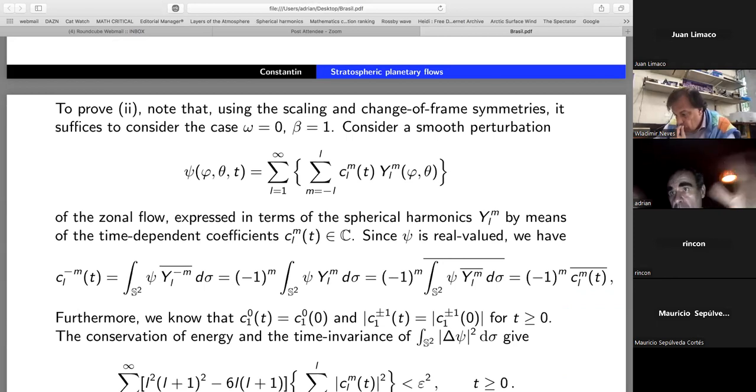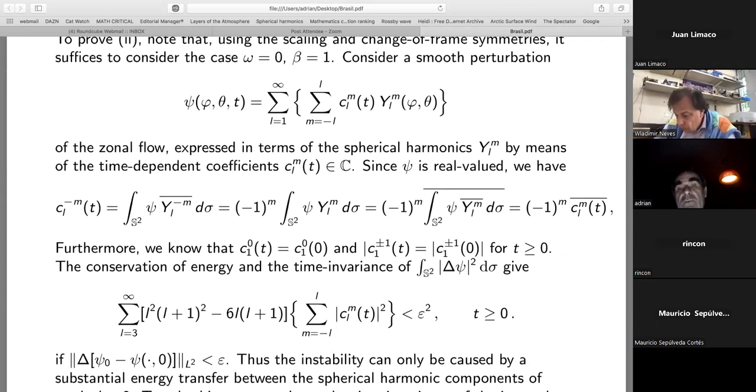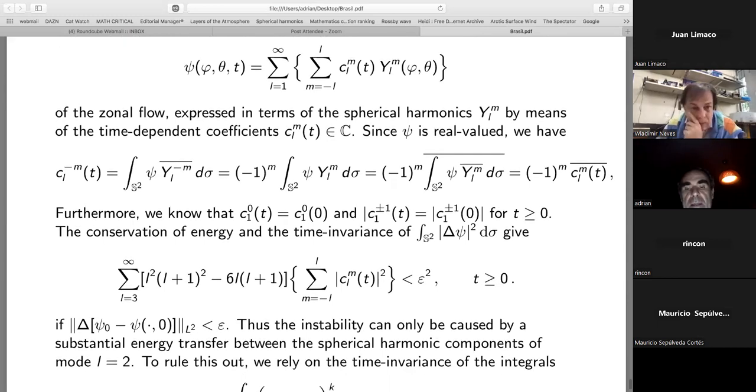They are an orthonormal basis, so you find these coefficients that unfortunately have many indices. Now you try to take advantage of the conservation laws to deduce something about these coefficients. What you find by looking at the conservation laws is that the instability can be caused only by energy transfer between the spherical harmonics at level 2. So it's just some coefficients that you need to control.